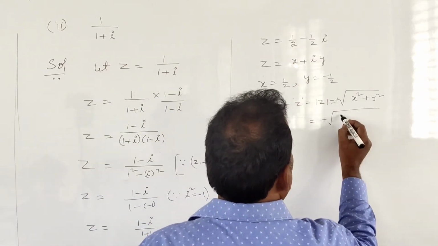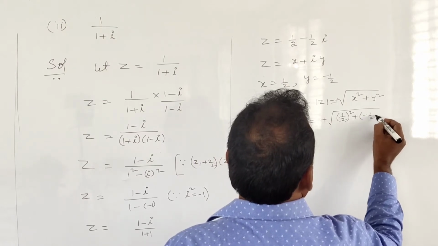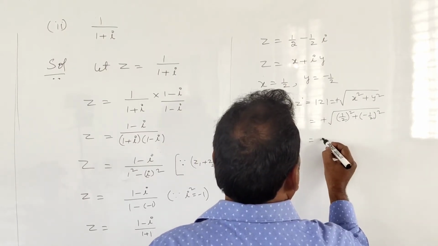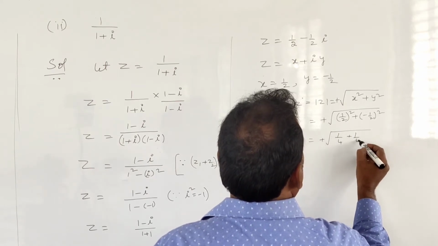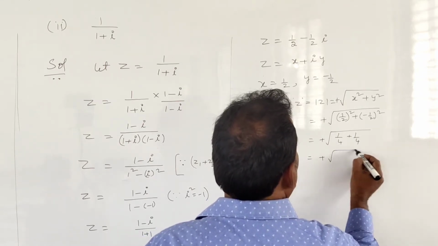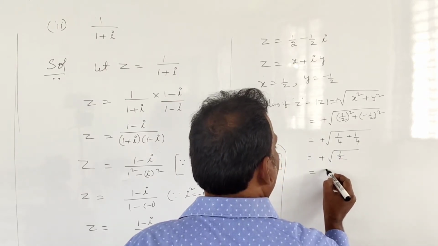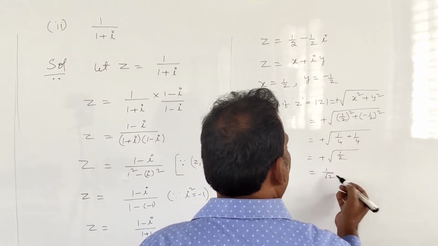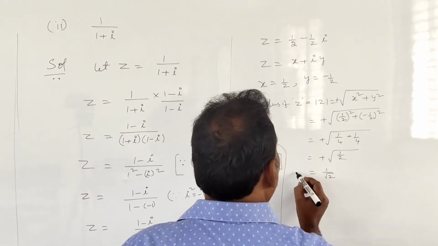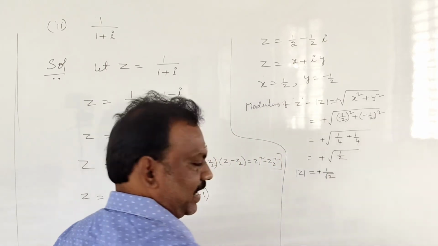So the real part is 1 by 2, 1 by 2 whole square plus minus 1 by 2 whole square. So under root 1 by 4 plus 1 by 4, which is 1 by 2. So you will get root over 1 by 2. I can write 1 by root 2, because root 1 is 1. So this is the modulus of the complex number. This positive value we will take.